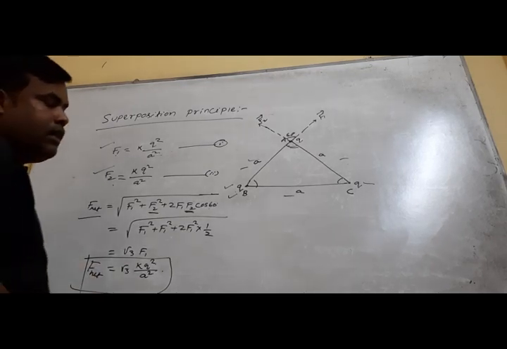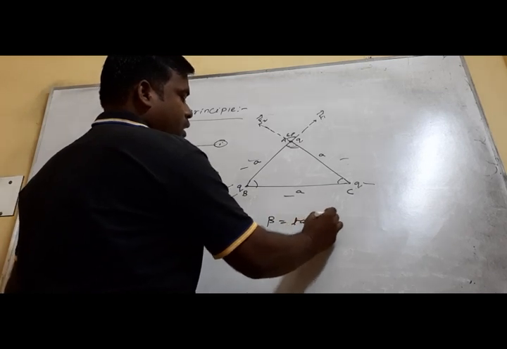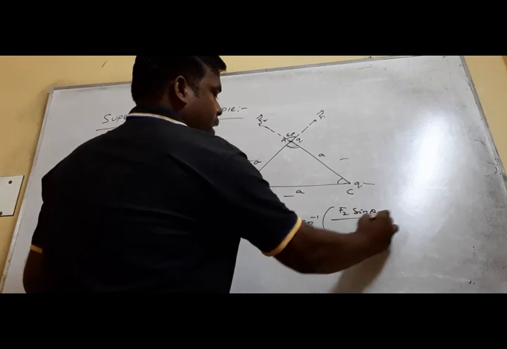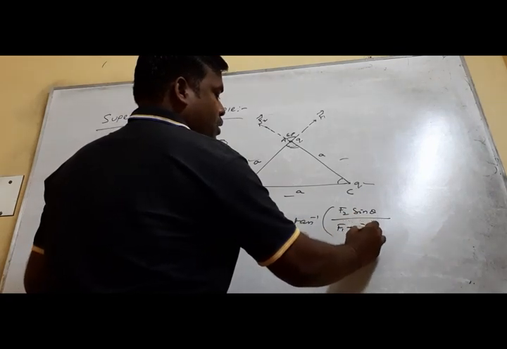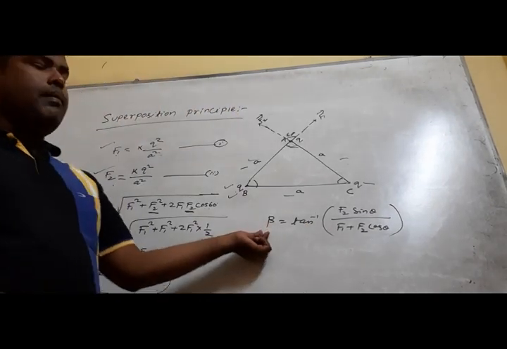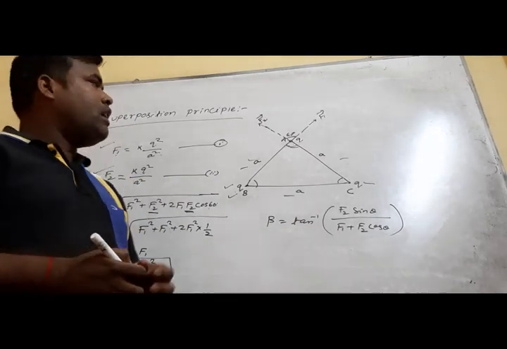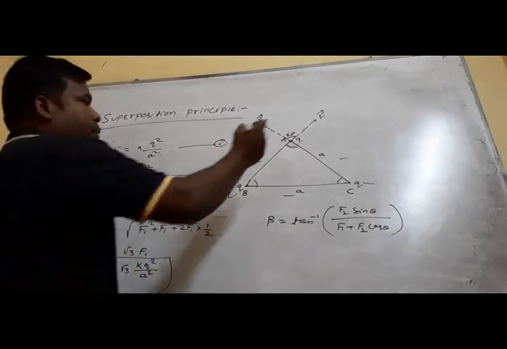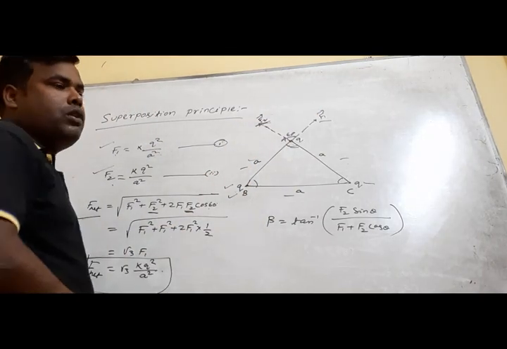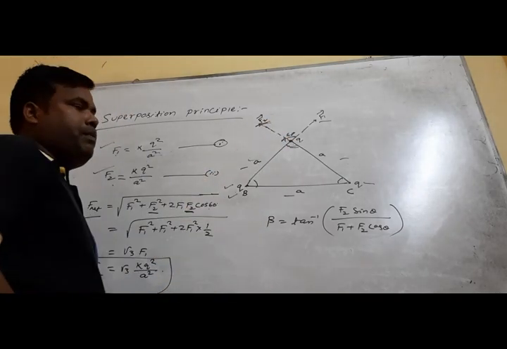Now what is the direction? For direction, you can apply beta is equal to tan inverse of F2 sin theta by F1 plus F2 cos theta, where this beta is the angle made by the resultant force with F1. Here is another concept you know: if F1 and F2 are of the same magnitude, then the resultant force will divide the angle into two equal parts.